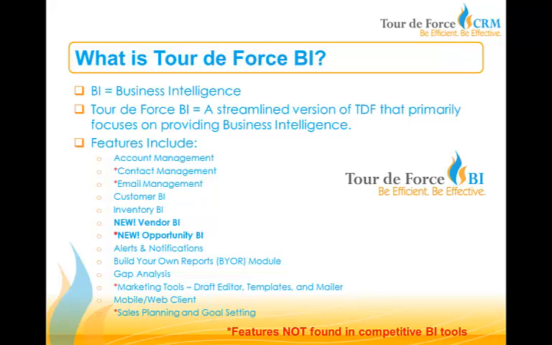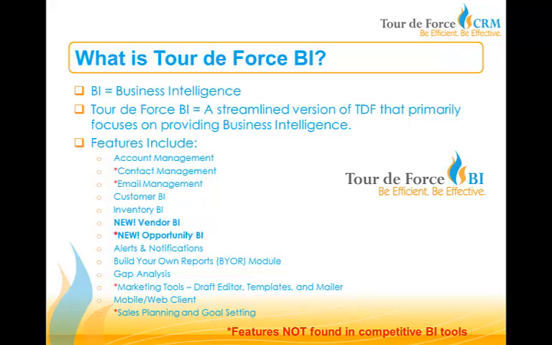When we talk about what business intelligence is provided in Tour de Force BI, you have very comprehensive customer-based business intelligence. So the ability to look at a bill to, a ship to, a master account, roll information up, and look at over 1,000 analytical business intelligence data points that focus on unit sales, actual sales dollars, gross profit, margins, growth, variances, rolling 12s, prior year rolling 12s, a whole wide range of business intelligence that is a part of the customer BI.